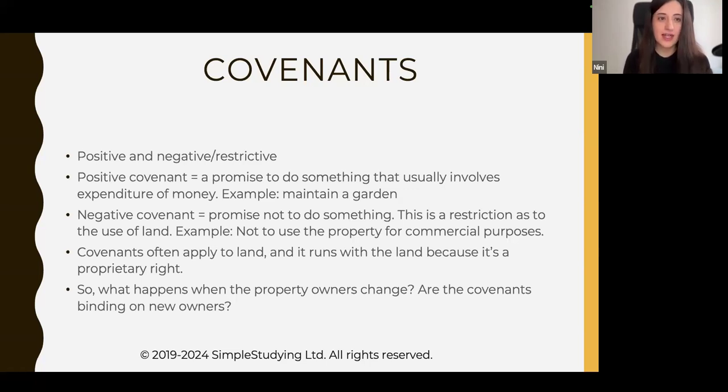It's easy to understand, it's straightforward. What is a positive covenant? What is a negative covenant? The most important thing is to memorize the rules about successors in title. So when the property sells and it had a covenant, what happens to the covenant? Can it still be enforced? Can it be enforced against the new owner? Who can enforce it? Those are the questions that you should be able to answer.